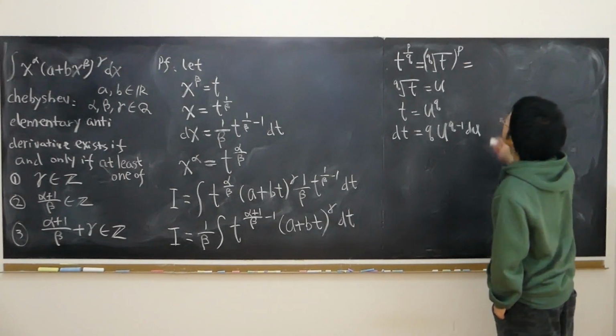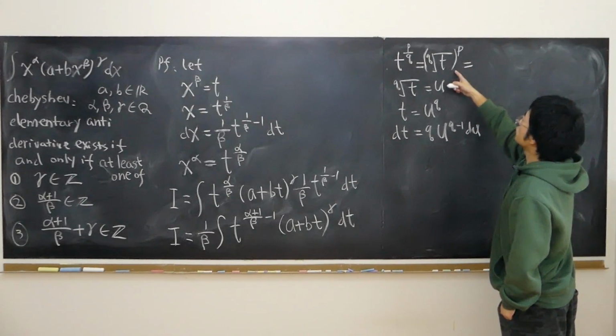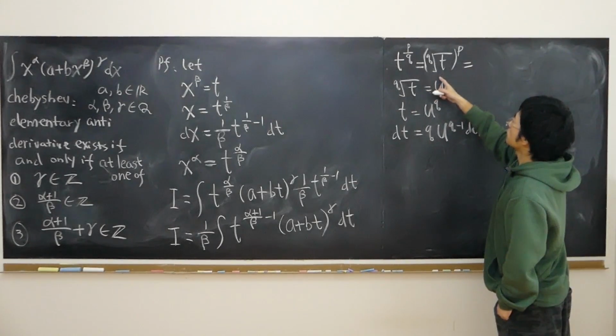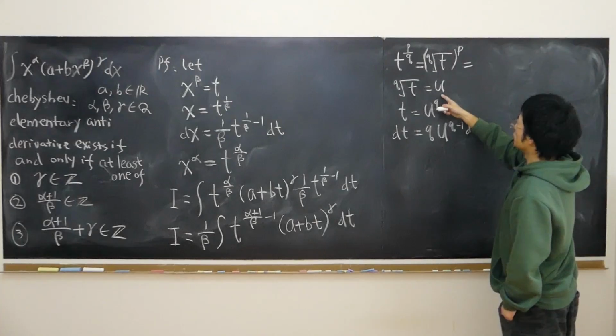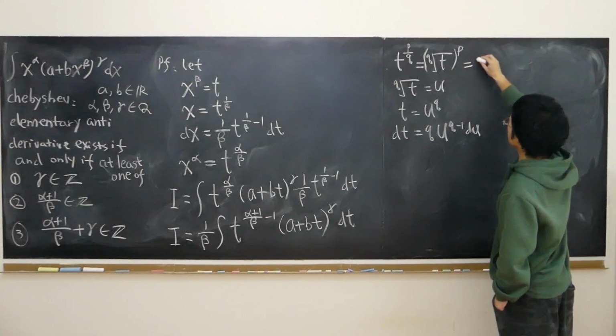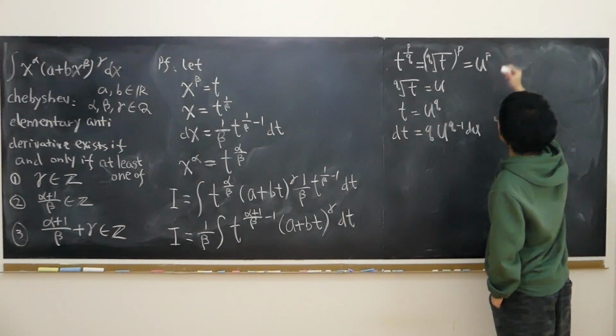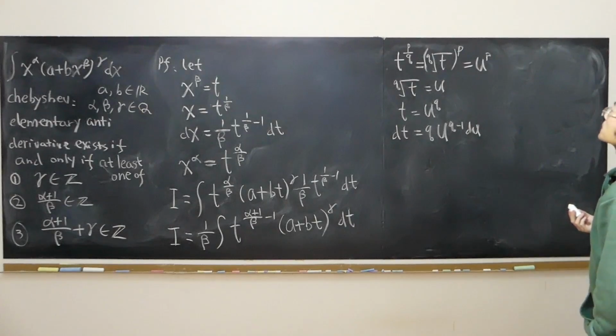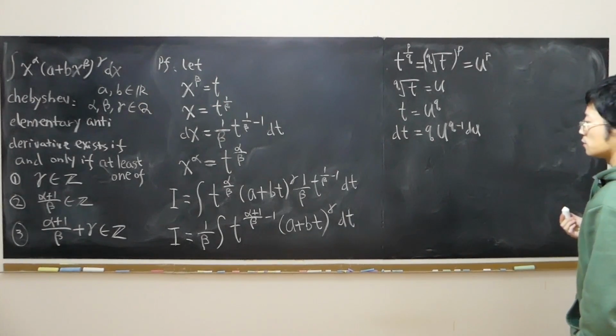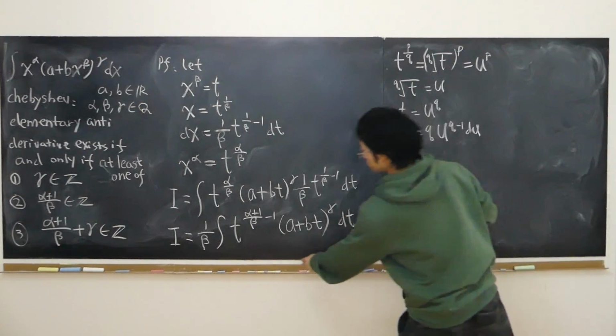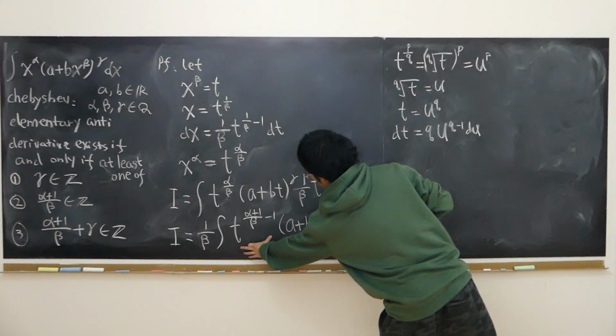Of course, this term, like I said, t to the qth root is equal to u. Therefore, this is u to the power of p. So that means we can simply replace this term by u to the p.